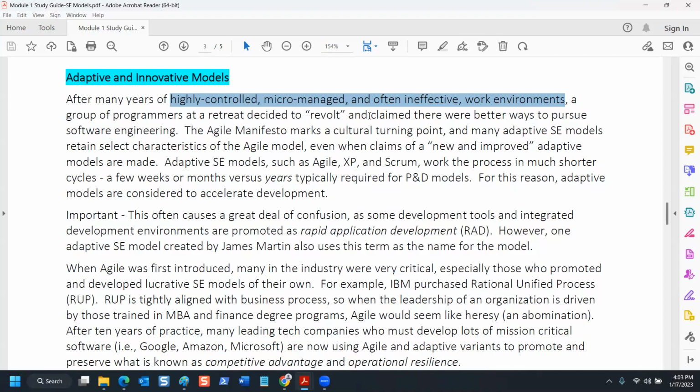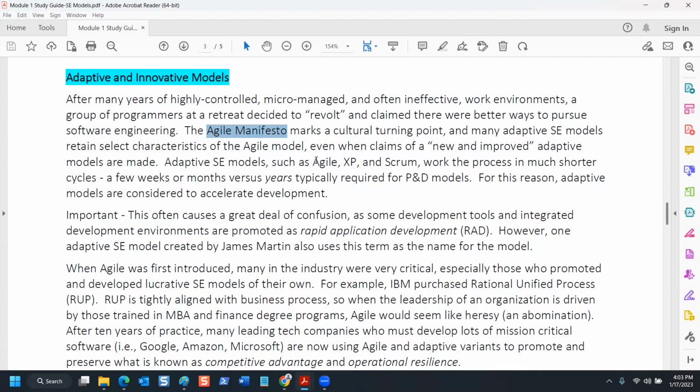And in one voice, they all came together at a ski lodge in Colorado and wrote something called the Agile Manifesto. Now, you're going to see links to this in our module 3. We're going to do a deep dive on the Agile Manifesto and what that really means.